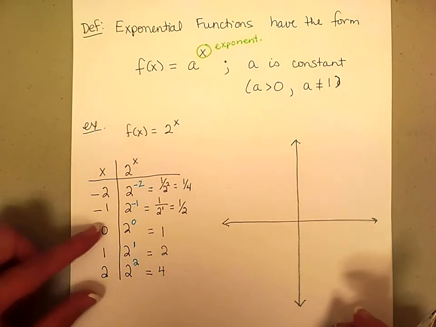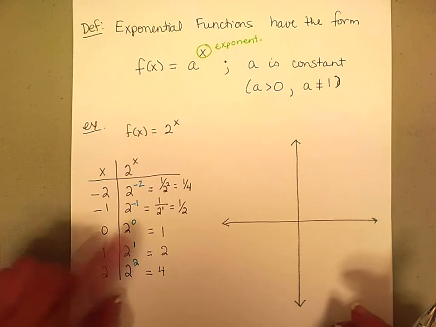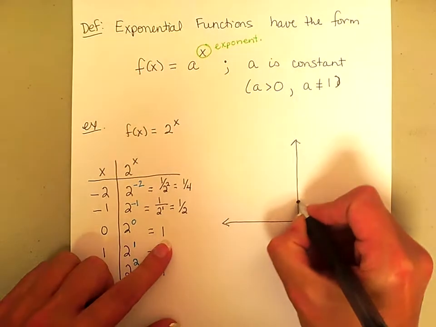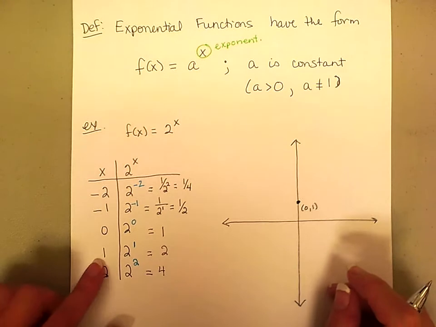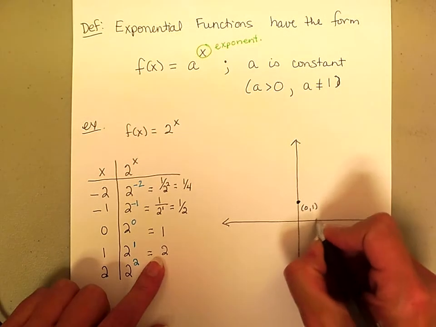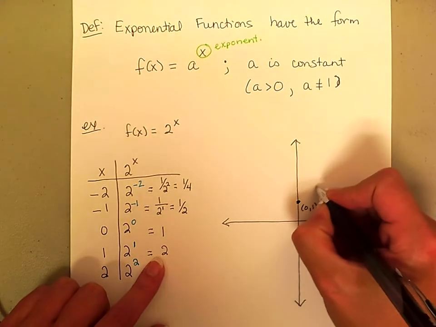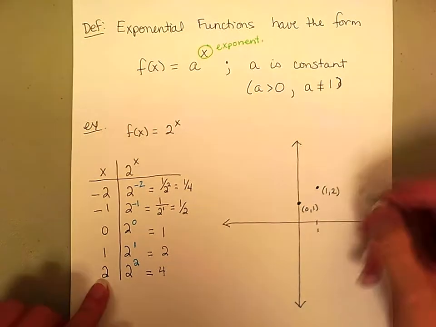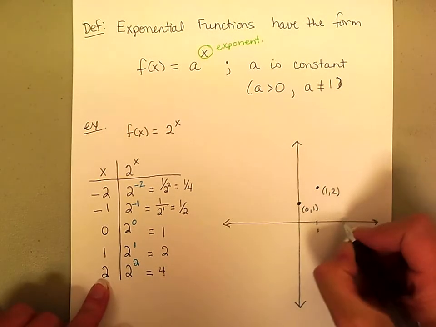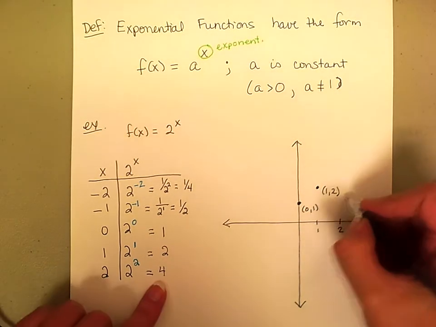And let's do some plotting. Okay. If x is 0, then y is 1. If x is 1, then y is 2. So we get the point (1, 2). When x is 2, y is 4.